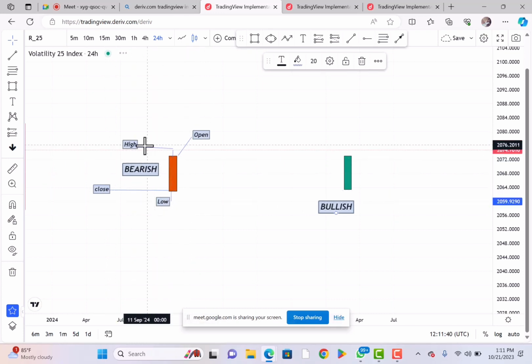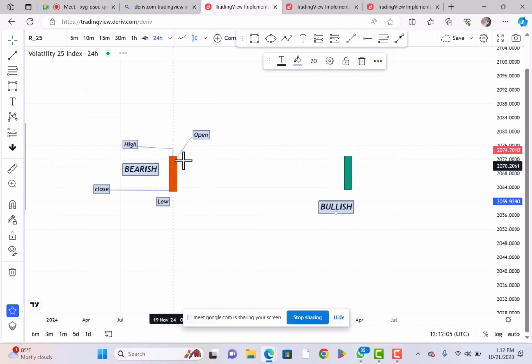The high is the highest price level this candle rose to at this particular time frame. This is the lowest point of the candle at this time frame, this is the starting point of the candle, where it starts its formation, and this is how it closes.